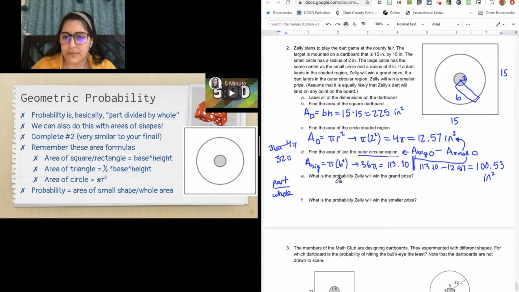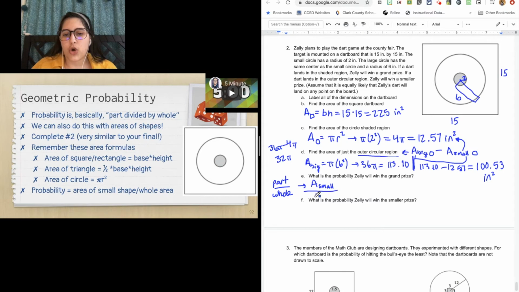So the part that I'm looking for the grand prize is the area of this small circle, because in the problem, that's what they said. If you throw a dart and it lands in that shaded area, then you win the grand prize. So the part comes from part C.